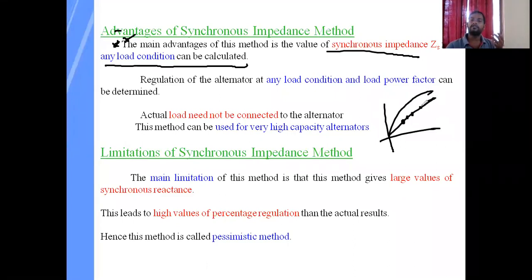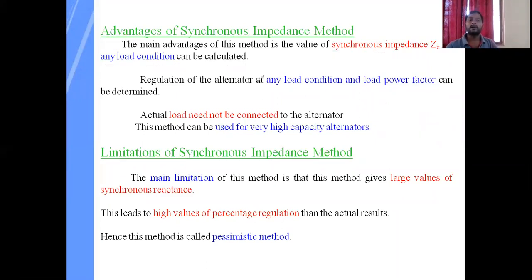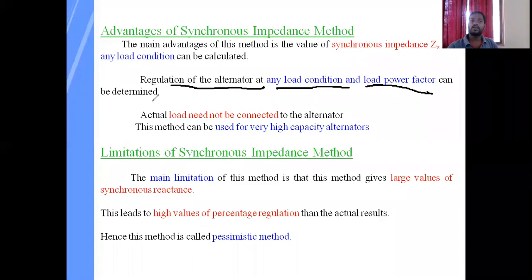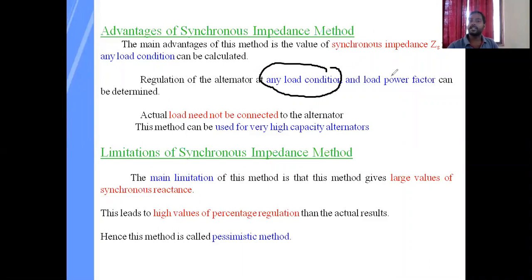At every load, we can find the synchronous impedance. That is one of the important advantages. And the regulation of the alternator at any load condition and at any power factor can be determined by using these tests. This is another important one.